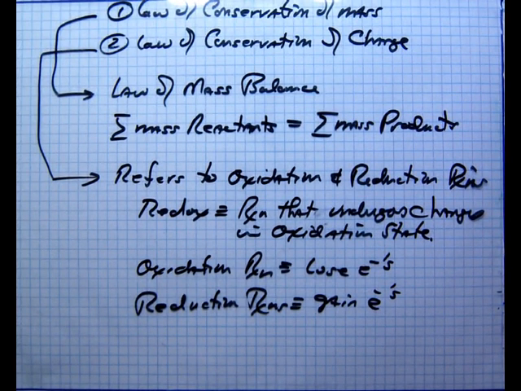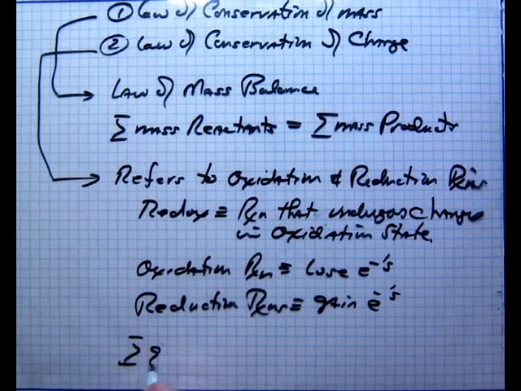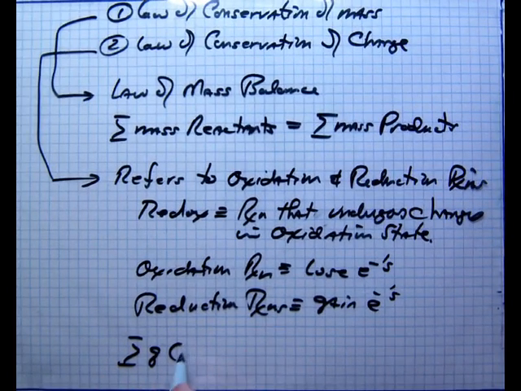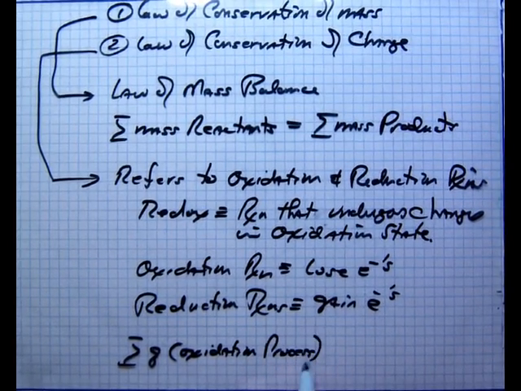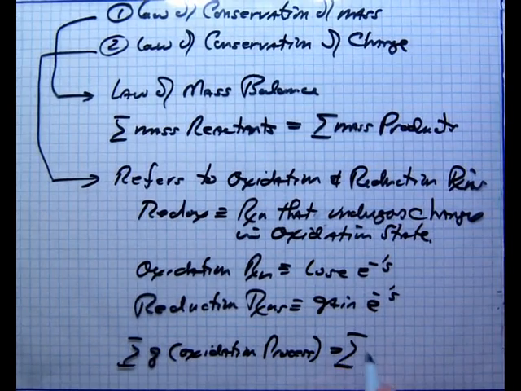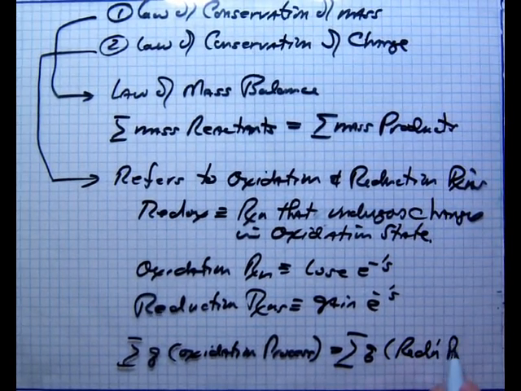Right now, all you need to be aware of is the sum of all the charges in the oxidation process must equal the sum of all the charges in the reduction process.